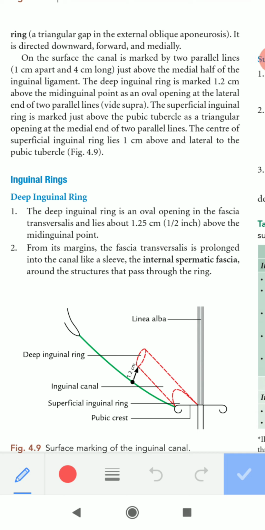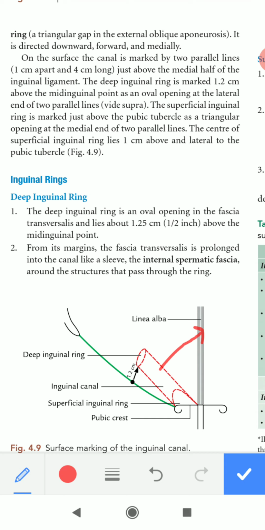Inguinal canal is an oblique intermuscular passage in the lower part of the anterior abdominal wall, and it lies above and parallel to the medial half of the inguinal ligament. So let's see, this is the inguinal canal. The red one is the inguinal canal.